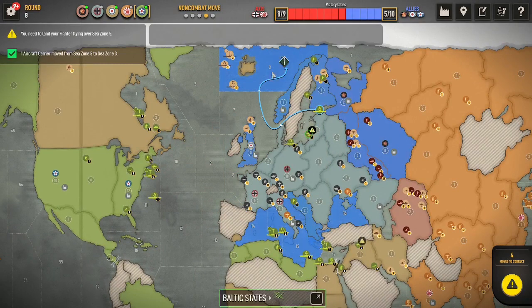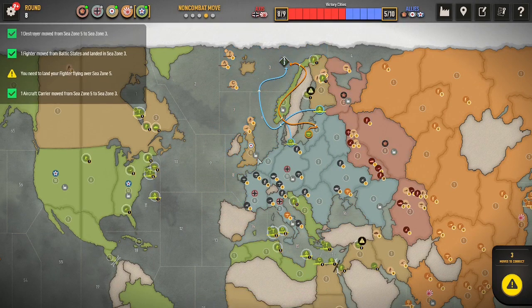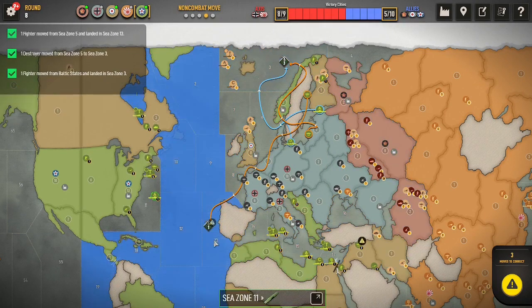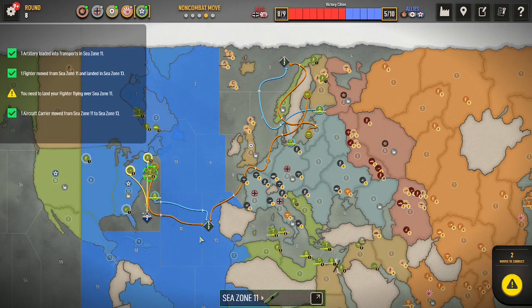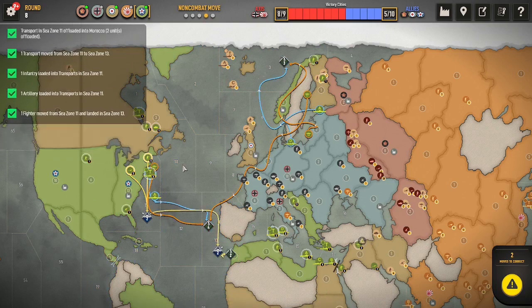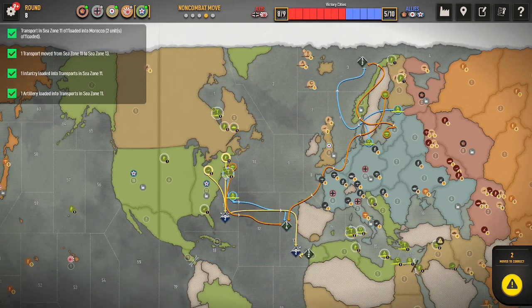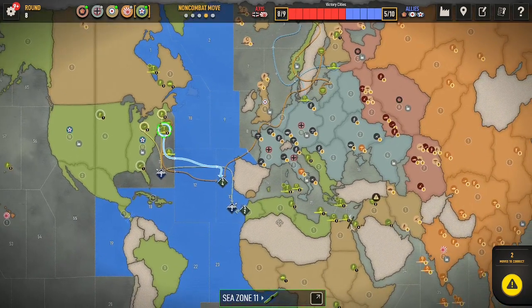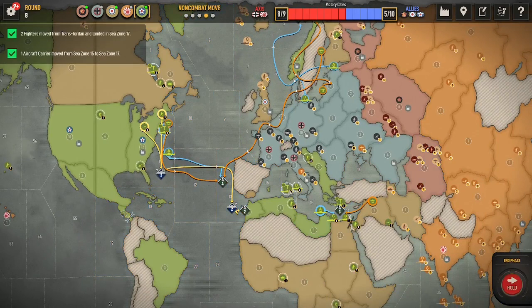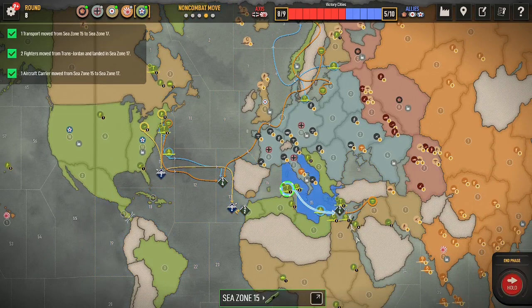Gonna leave these guys on back. This guy on down here. Put the second one in here because we're gonna have these guys over here.